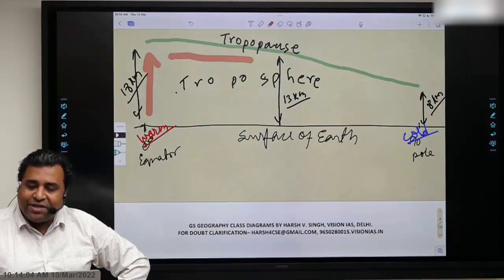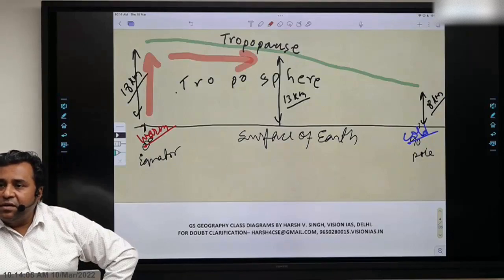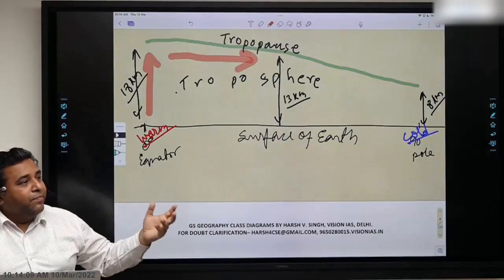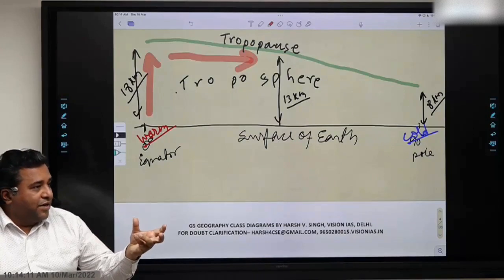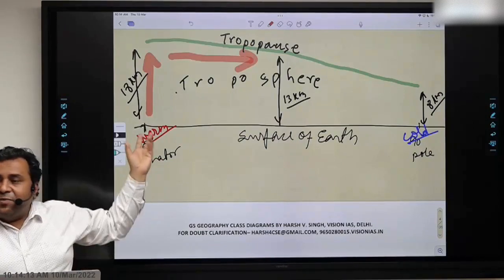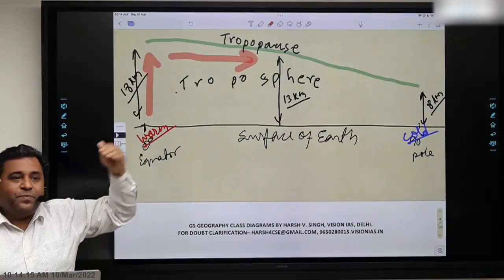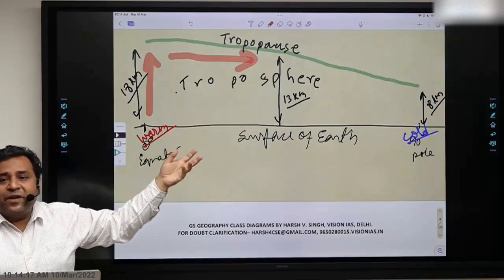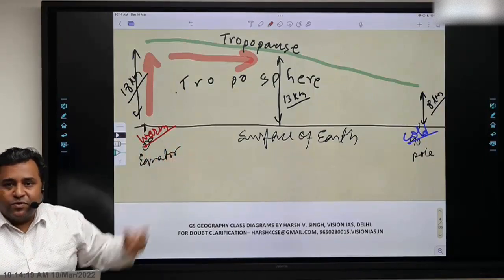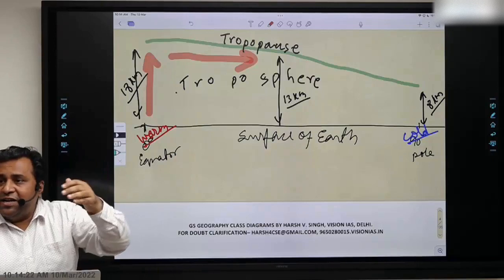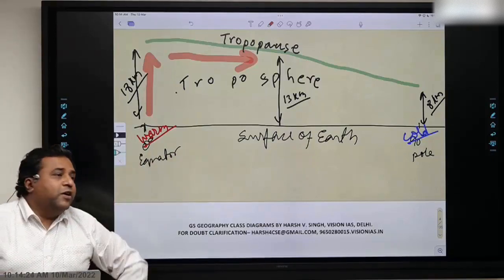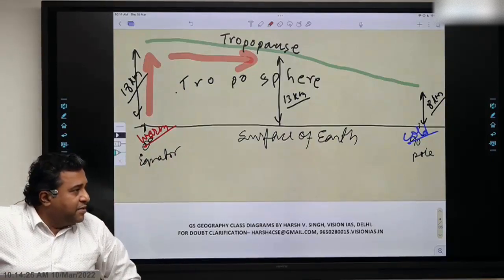But is it going sideways because of cooling or heating? No. It is spreading because of a mechanical reason. It was rising because of a thermal reason, but it is spreading because of what mechanical reason? Pressure. Uske niche ke balloons are putting pressure on it and hence it will go to the side. Do we understand this? Okay.